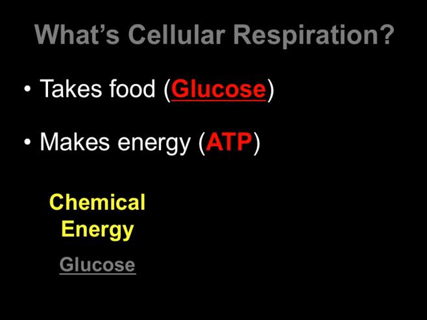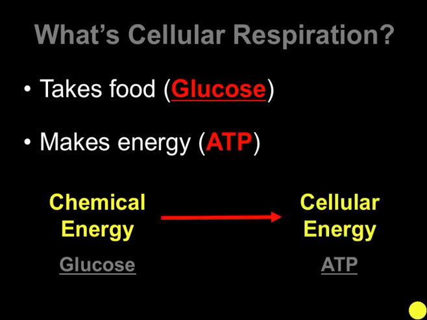And so in this case, we're going from the chemical energy that's in glucose to what we're going to call cellular energy in ATP. Because cells can't use glucose directly, but they can use ATP. I kind of think about it like stocks and cash. Stock is worth money, but you can't pay for things with it. But if you transform that stock into money, now you can go and pay for stuff.